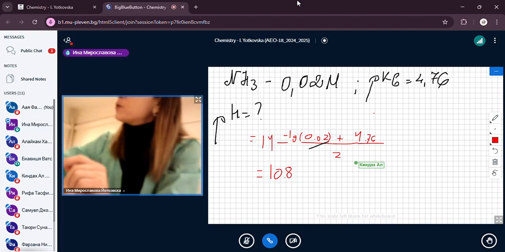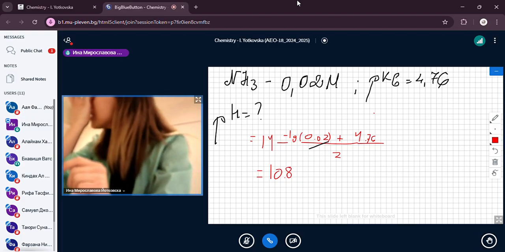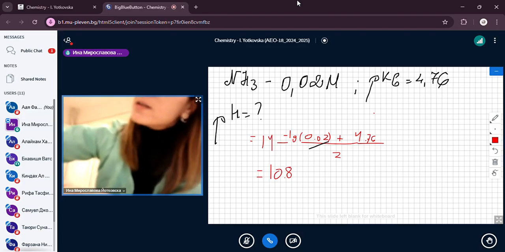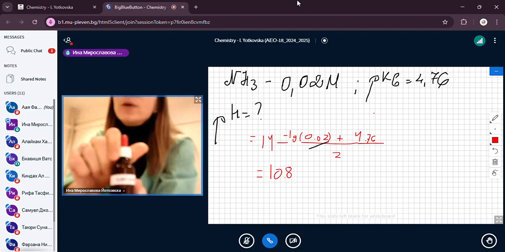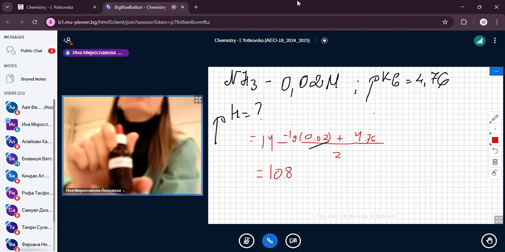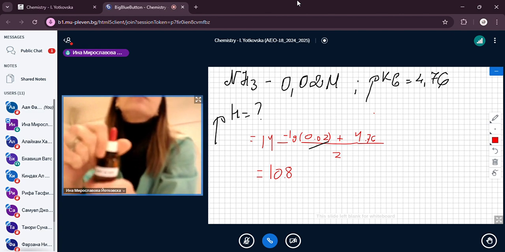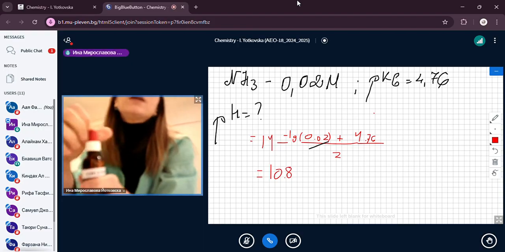See the difference between the universal and the precise indicator. Let's continue with the next solution, which is 0.001 normality hydrochloric acid, in which we must obtain pH 3.